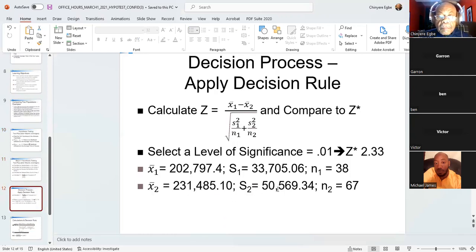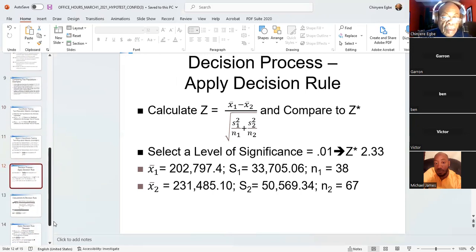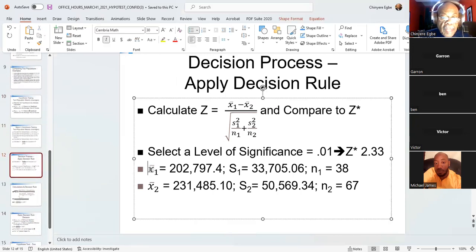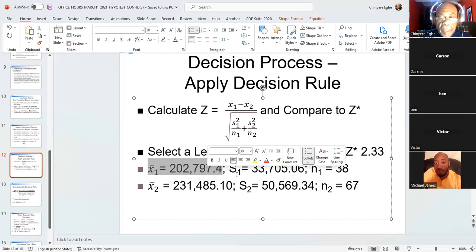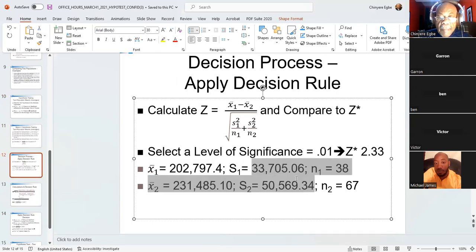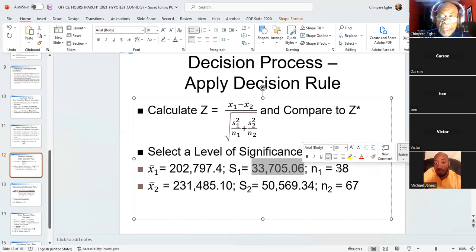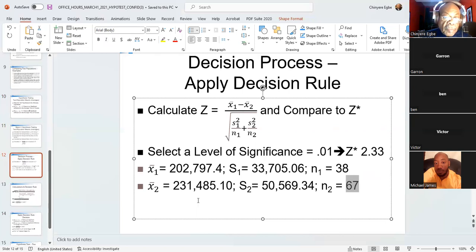And so this is the calculated Z, that is the critical Z. And so you state your level of significance. And so you have the sample mean, and that is the sample standard deviation here. And so there is 38 in sample 1, that's 67 in sample 2.